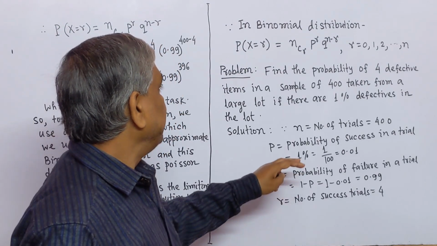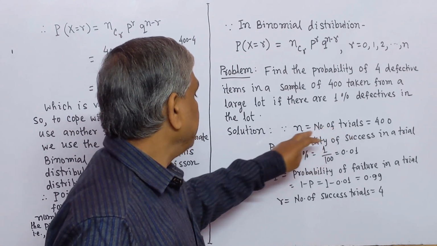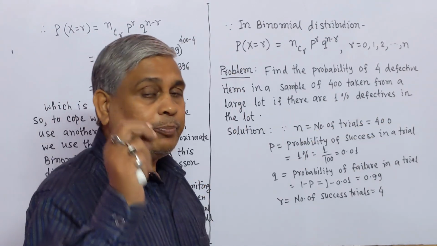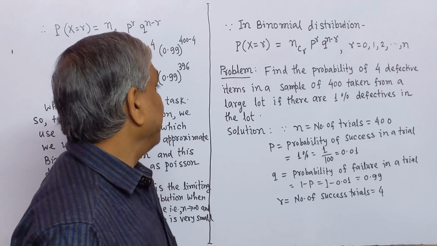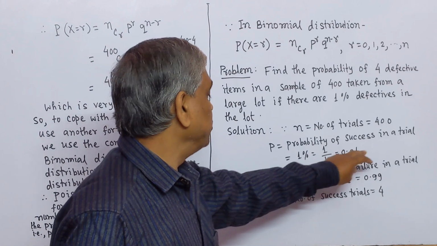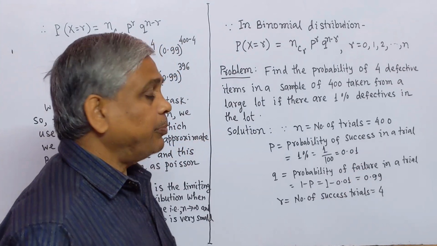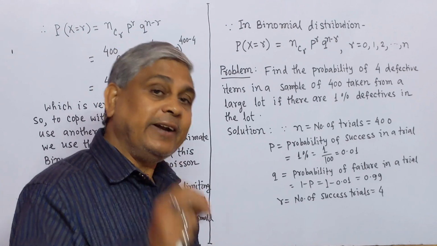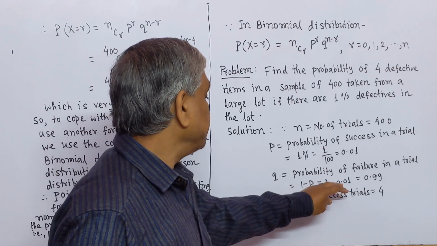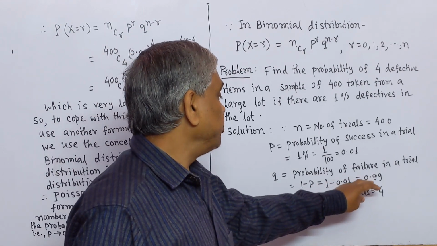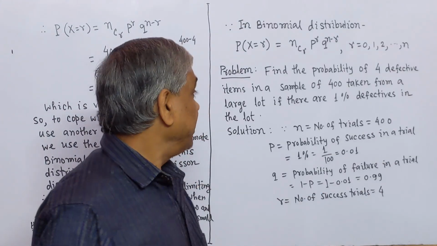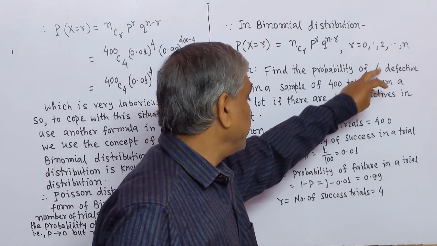Here it is given that the number of trials n equals 400. p is the probability of success in a trial, that is 1%, that is 1 by 100, equal to 0.01. q is the probability of failure in a trial, which is equal to 1 minus p, 1 minus 0.01, that is 0.99. r is the number of success trials. Here the number of success trials is 4.